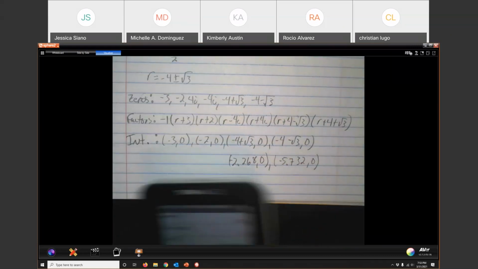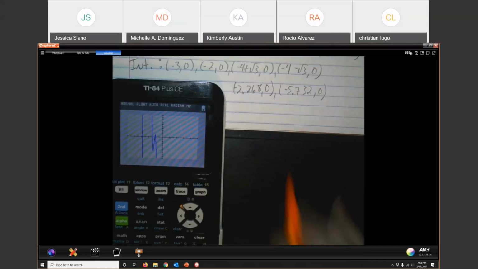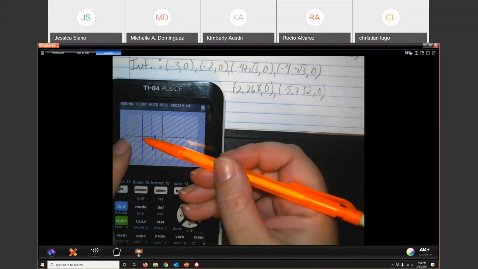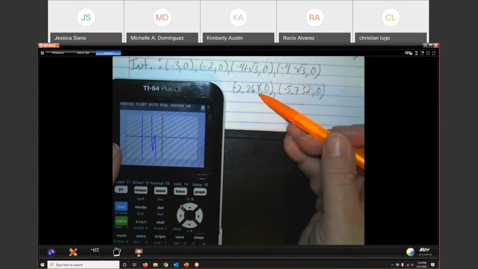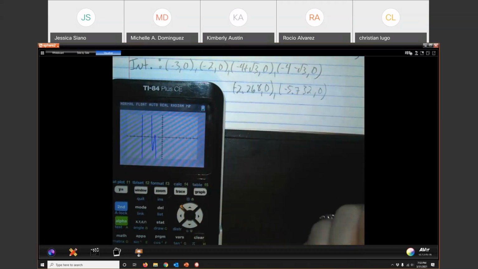And if I look at those intercepts and I go back to the graph, this negative 5.732 is going to be that 0 right next to negative 6. And this negative 2.268 is going to be that 0 in between the negative 3 and negative 2. So I see it now.